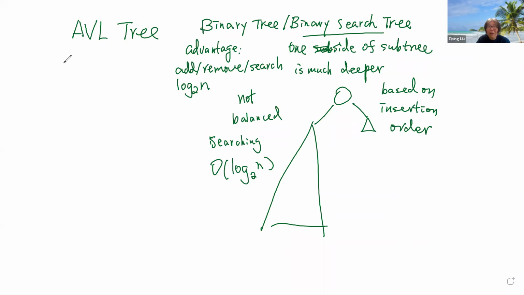So then the idea comes: how do we balance? What does that mean? AVL tree is a kind of self-balancing binary search tree, okay?